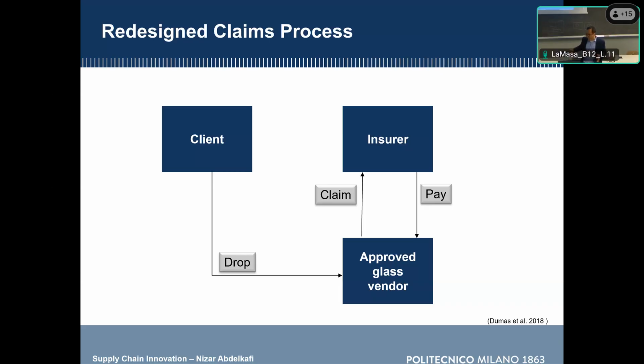But now the payment is between the approved glass vendor and the insurer, and the client will not intervene at all. So this reduces the complexity of the process. And because the claim is made by the vendor directly, the authorization is also provided directly, and there are no unnecessary processes taking place.